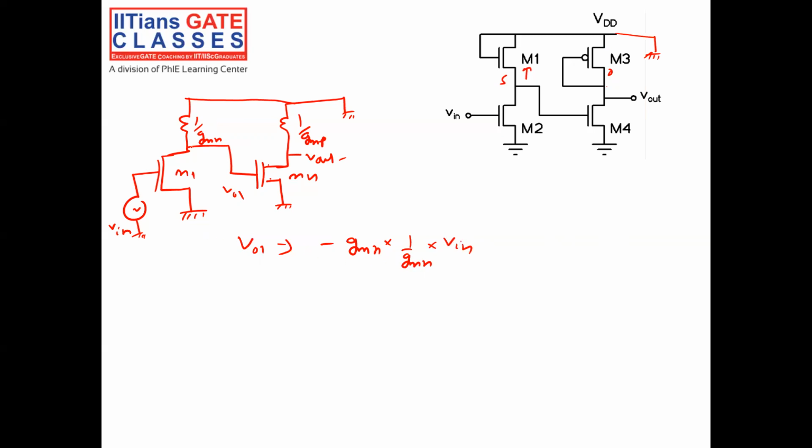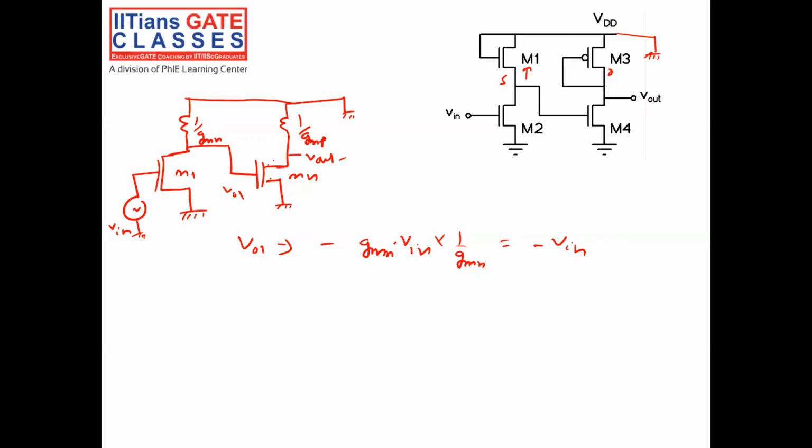So V01 is nothing but the current GMN Vn flowing through the resistance 1 by GMN, so into 1 by GMN. So V01 is equal to, GMN getting cancelled, minus Vn, right?